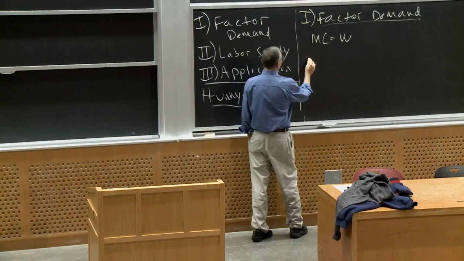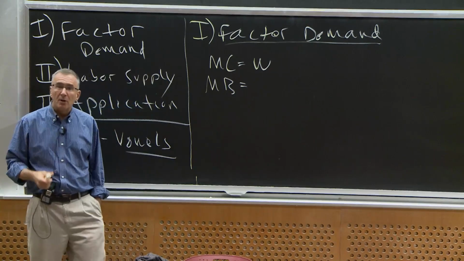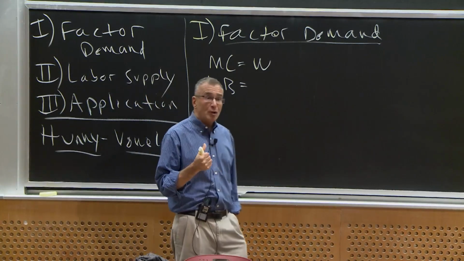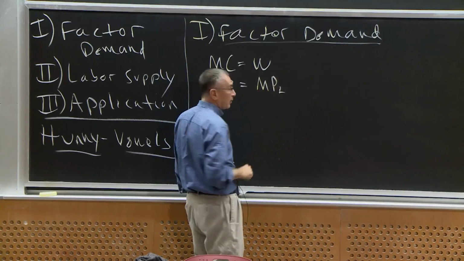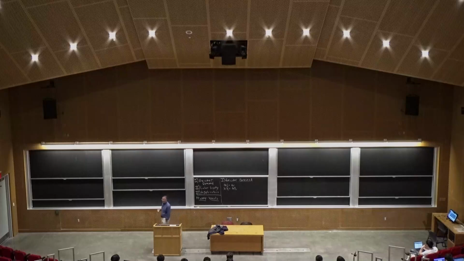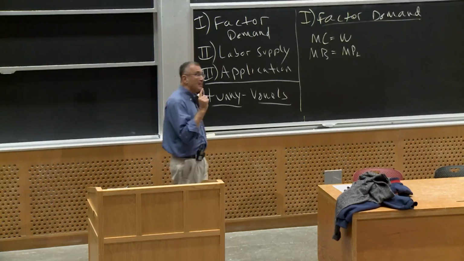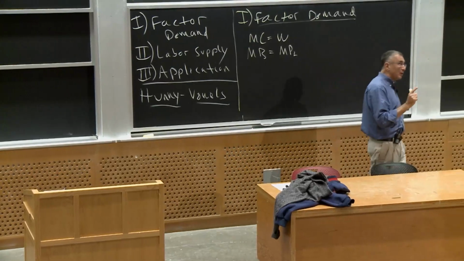What's the marginal benefit? Well, the marginal benefit has 2 components. First of all, the marginal benefit depends on the marginal product of labor. If you hire 1 more unit of labor, how many more goods will you produce? So the cost is the wage, and the benefit is the marginal product of labor. We can't stop there, because firms don't care about units of goods.